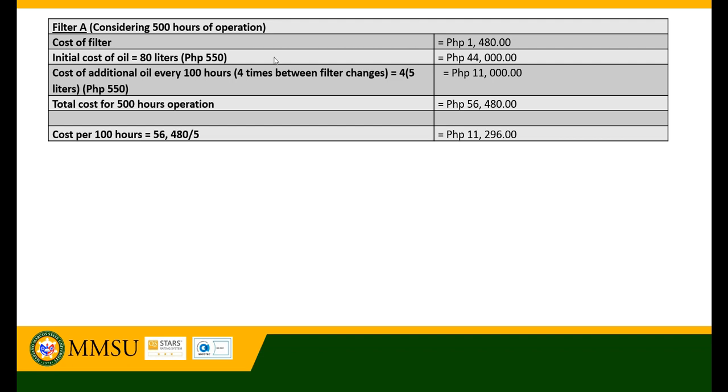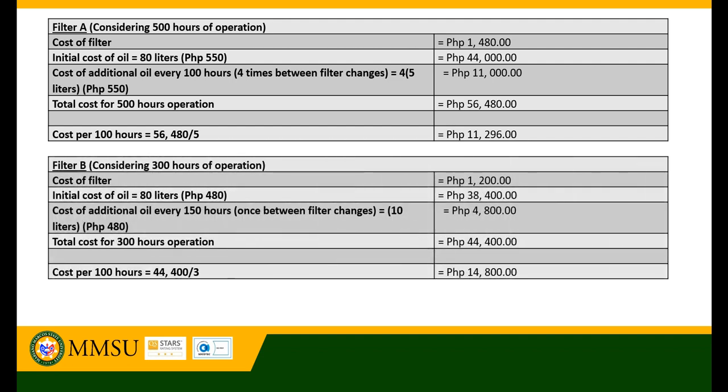Okay, so yung cost niya per 100 hours, di ba ito yung cost for 500 hours of operation? That's 56,480. So we have to divide that to 5 para the resulting value is the cost per 100 hours, which is 11,296 pesos.